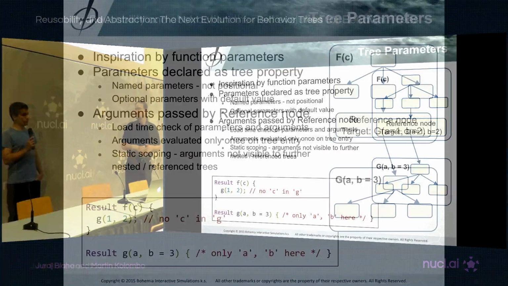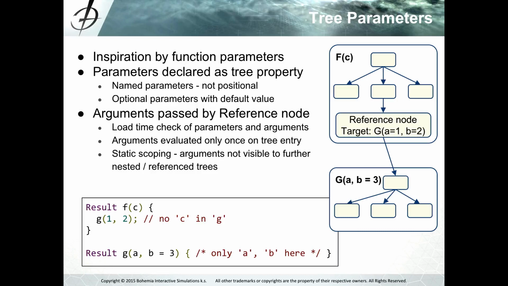To make our behavior trees parameterized, we took heavy inspiration in how parameters work in other programming languages. Same as in programming languages, parameters are a property of function definition. Here, parameters are a property of a behavior tree. We implement named parameters.